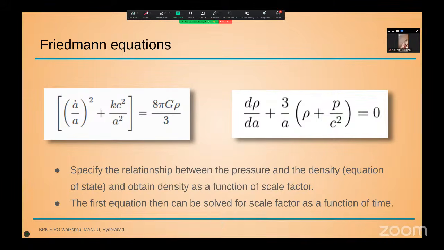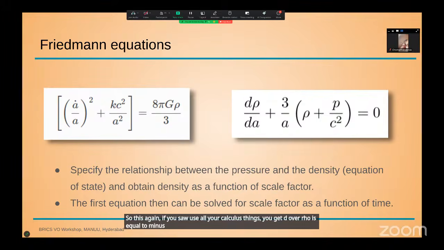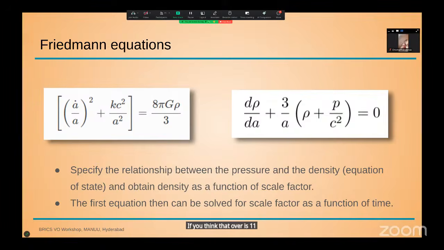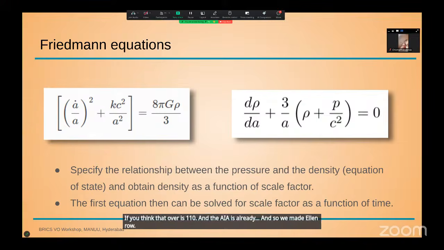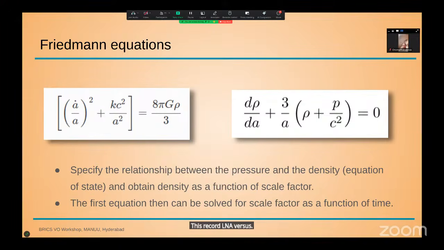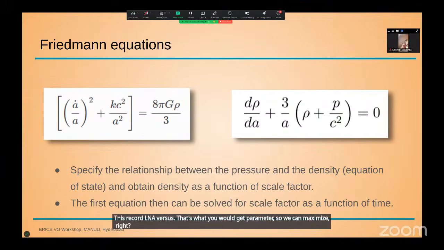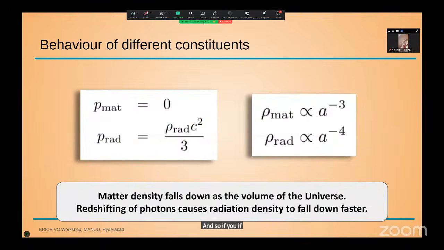So this again, if you solve, use all your calculus, d rho by rho is equal to minus 3 dA by A. If you integrate, d rho by rho is ln rho, and dA by A is ln A. And so you get ln rho is equal to minus 3 ln A plus some constant. That's what you will get, right? And so if you simplify all of this, then you get this matter density going down as A to the minus 3.